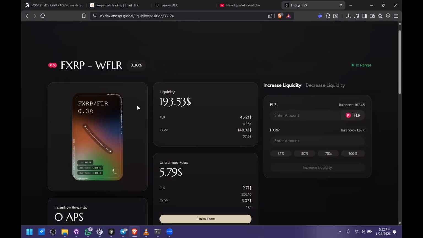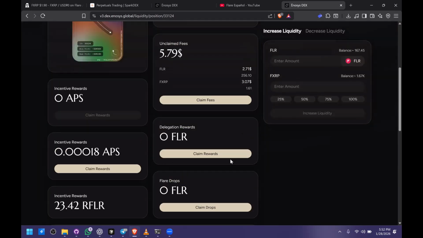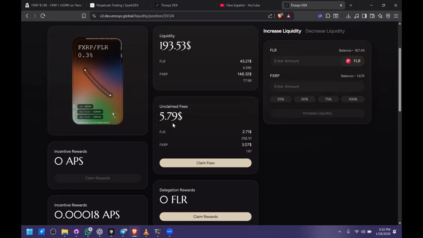And when I entered this liquidity pool, I had only Flare, no FXRP, because I was at the bottom of the range. This has been maybe a week. I can check. As you can see, the fees I'm making are pretty interesting. From less than $200, $6 already in a week is not a bad return.